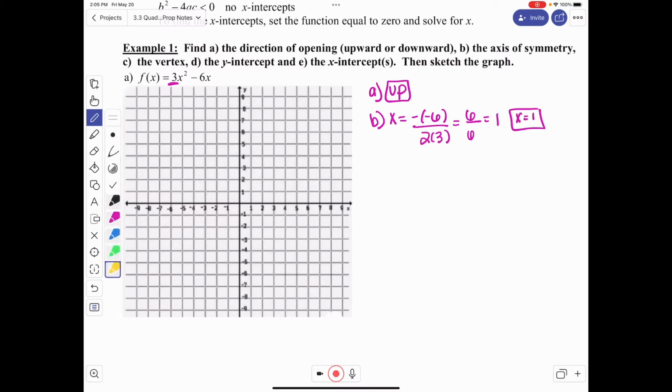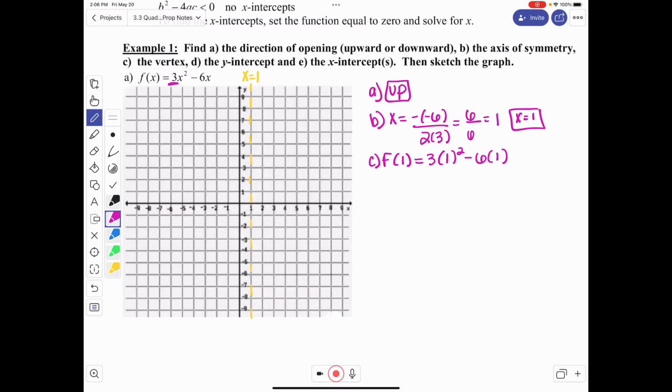Now the axis of symmetry is not an official part of the graph, but I like to sketch it in because it gives me a good idea of how my graph is going to line up. And so that's x equals 1. Okay, then for part C, if we're looking for the vertex, we're going to take the 1 that we just got and plug it back into our function.